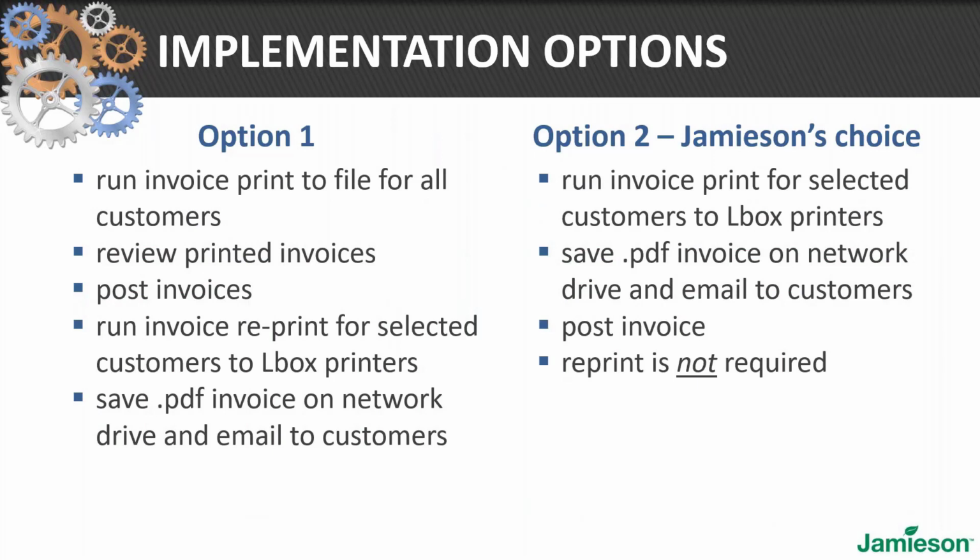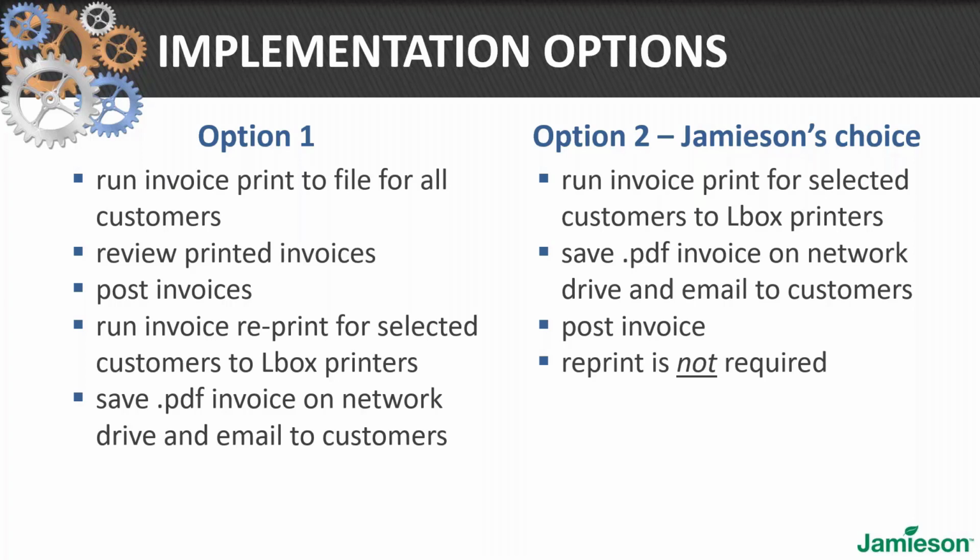When we discussed LBOX implementation, we found out that there are 2 possible ways of generating the PDF copy of the invoice. We can create a PDF copy of the invoice when we run invoice reprint, and at that point, the invoice will be emailed to our customers.